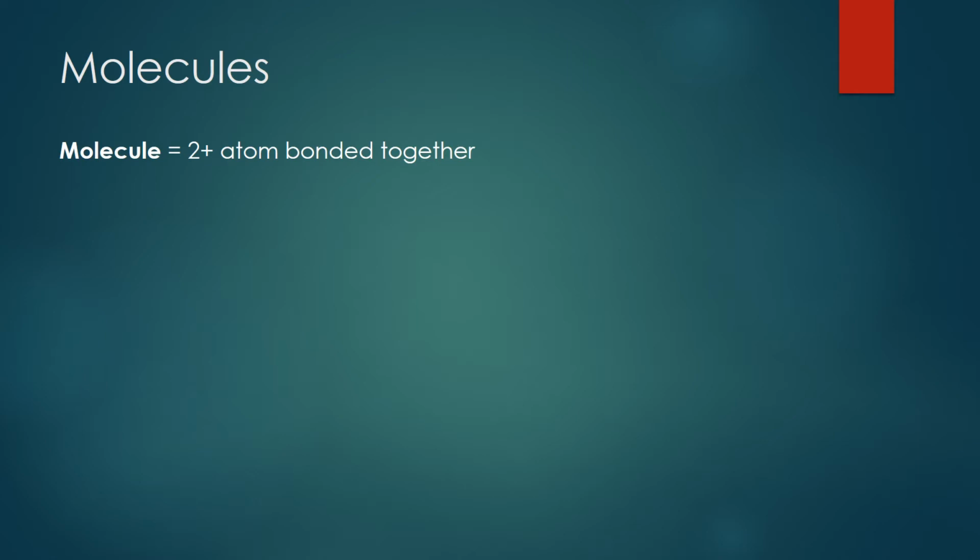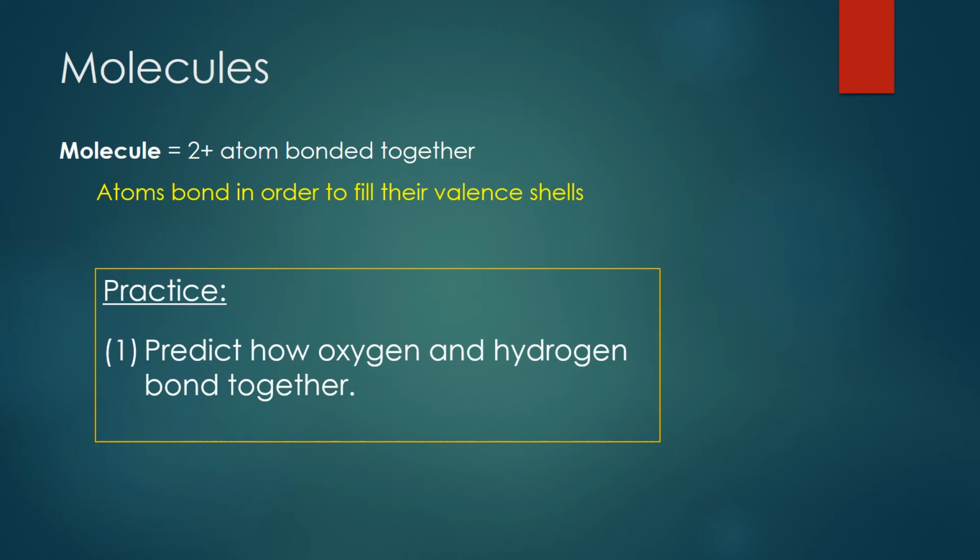So a molecule is when 2 or more atoms bond together, and atoms bond in order to fill their electron shells. We can predict how 2 atoms will bond together based on their electron dot diagram. So let's predict how oxygen and hydrogen would bond together.